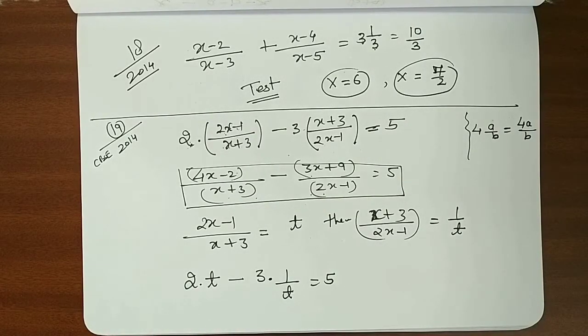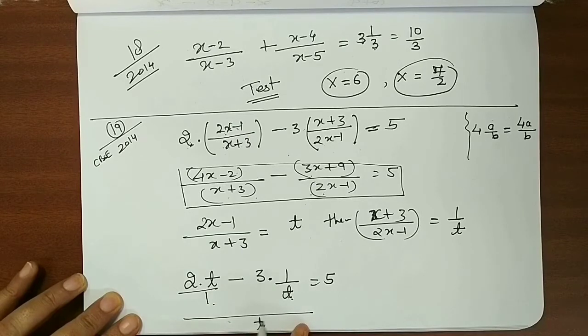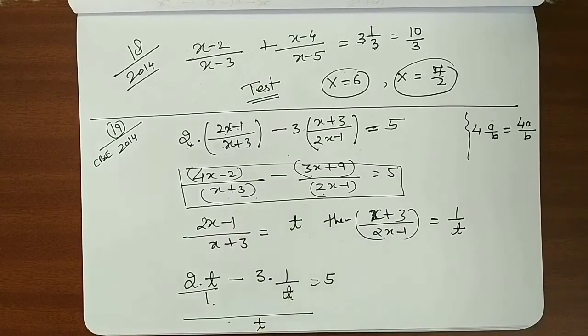I hope you got it. Now, if I write by 1, so this into this will be my LCM, and then I will multiply this with this and this with this. So 2t into t is 2t square minus 3 is equal to 5.